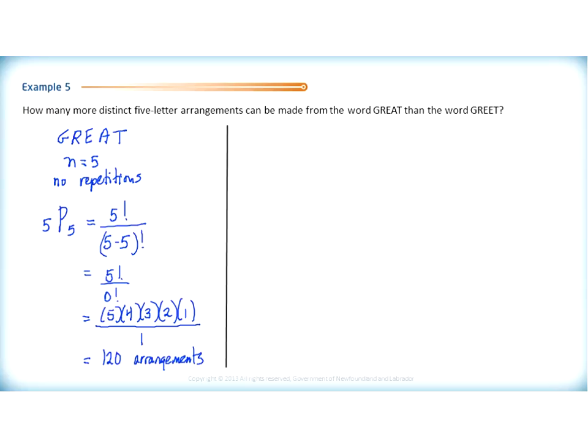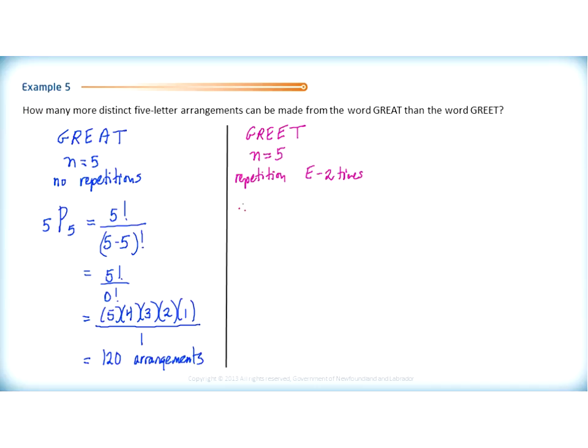However, in the word greet, notice again that we have n equals 5 because there are a total of 5 letters from which we can choose. However, this time we do have repetition because the letter E occurs 2 times. So that means that the letter E can be written in 2 different ways.